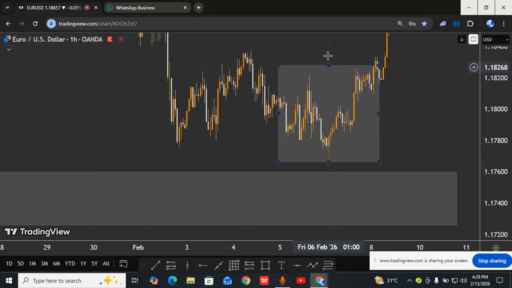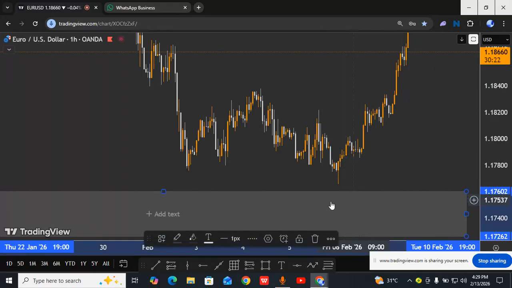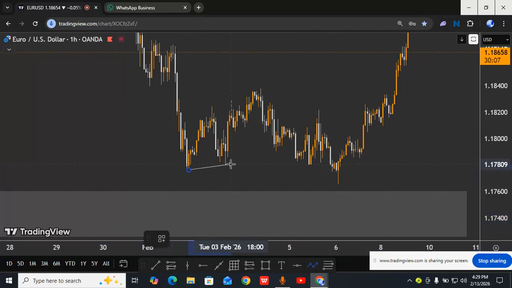Now, what happened here? This is the point of interest. This was the retracement into the point of interest. While we were waiting for price to tap the point of interest, we had liquidity sitting below this level over here. We have these equal lows.